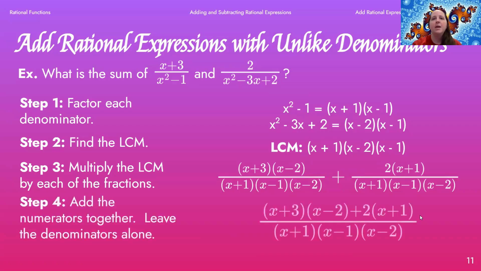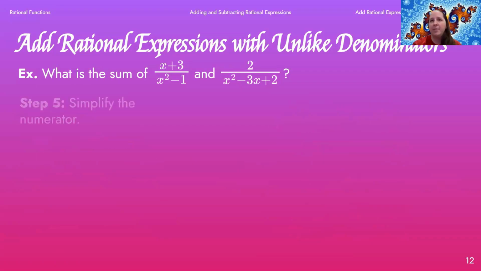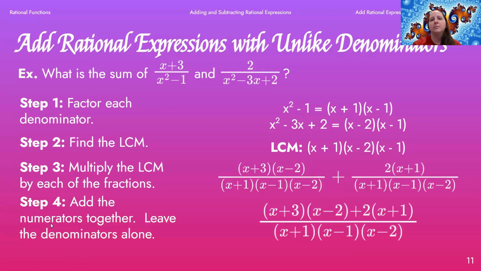I can add my numerators together and leave the denominators alone. So I get x plus 3 times x minus 2 plus 2 times x plus 1. I want to go ahead and simplify my numerator, and you get that by FOILing this set of polynomials.